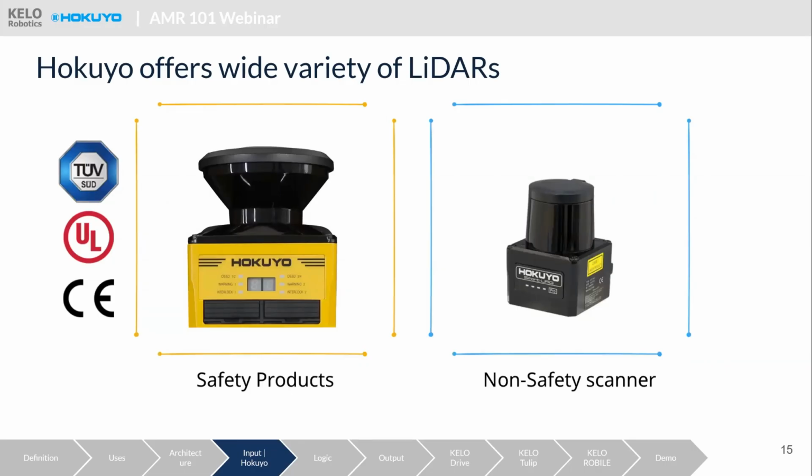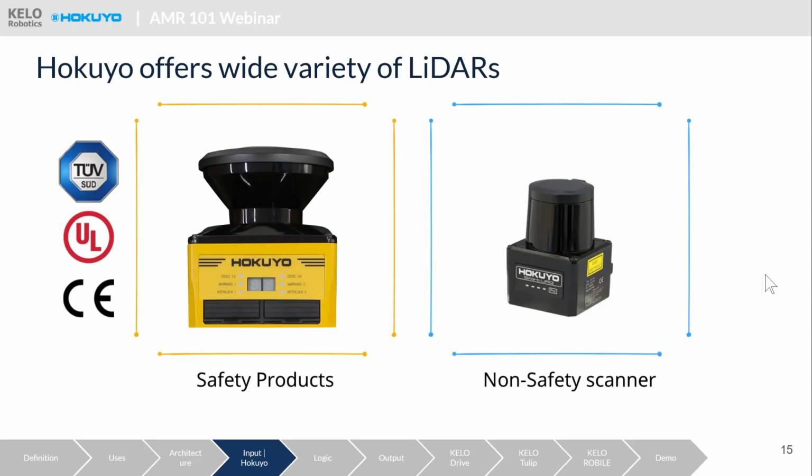So the safety scanners are certified by TÜV and UL, and all our LiDARs, including the non-safety scanners, are CE marked products. Within the lineup of safety scanners, we offer 3 different models: 2 models with standard IO types, and one that supports EtherCAT safety.